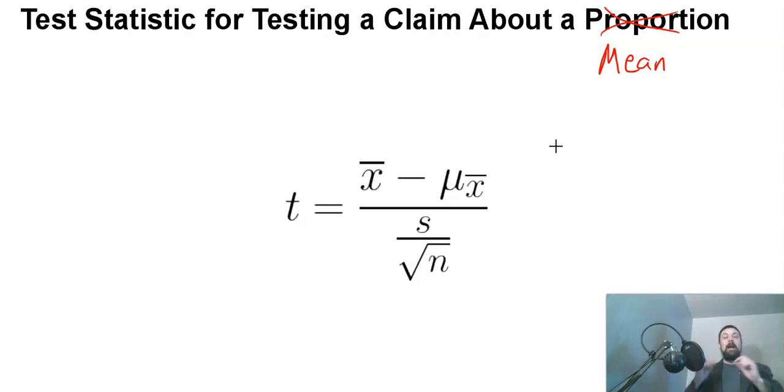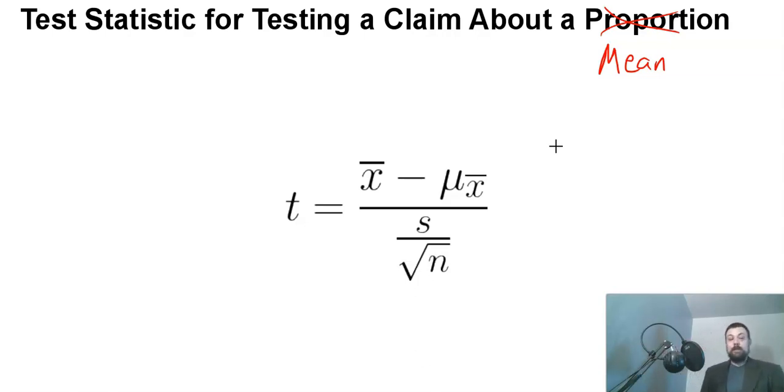So I need to go back, revise, edit, and change all these typos. And obviously this typo occurred because of copy and paste. I copied the slide from section 8.2, which is about proportions, pasted it here, and replaced it. So the formula is correct, it's the right test statistic, but I forgot to change the title. So I apologize for that.